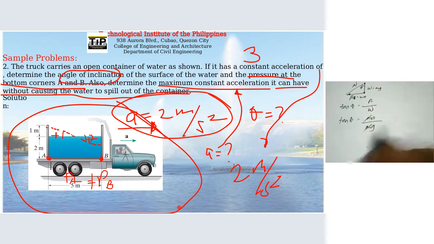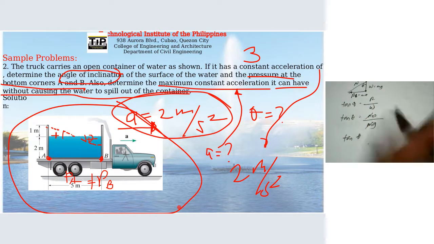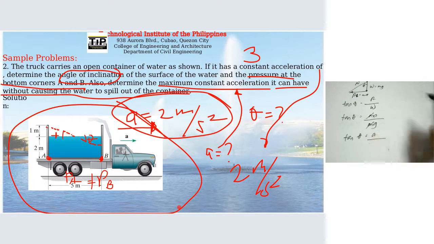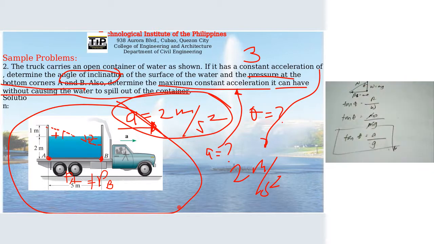We can cancel m. So, tangent theta for vessels that travel in a flat surface equal to A over G. That is the derived equation.